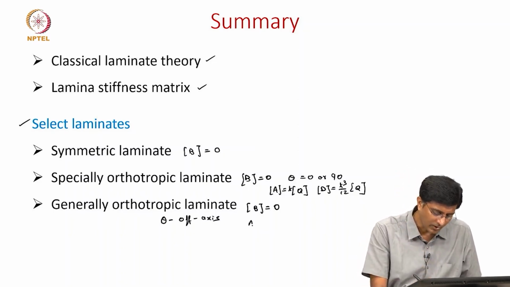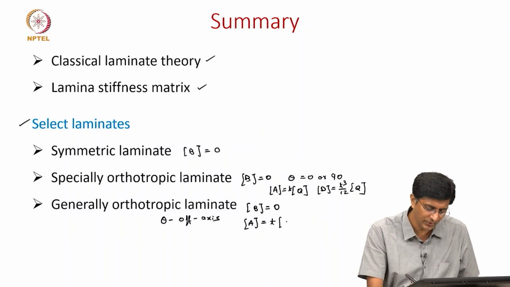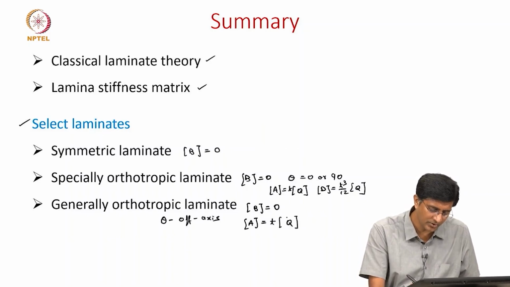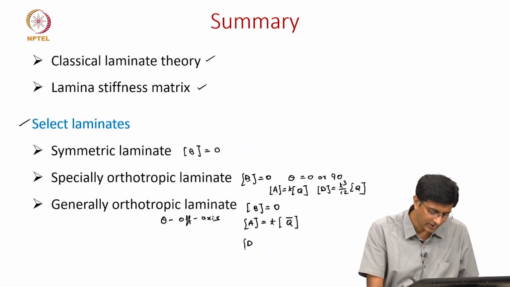And then considering the A matrix, we said again it looks like the previous specially orthotropic laminate, where we write it as T times Q. But instead of Q, here we need to write it as Q bar, because it is an off axis, meaning we need to look at transformed stiffness matrix. For the D matrix, it is T cube by 12 times Q bar.